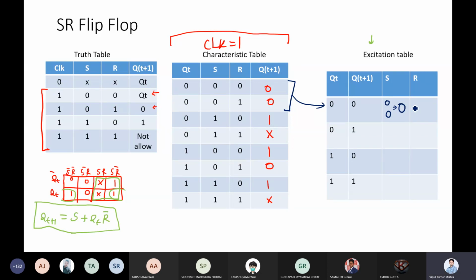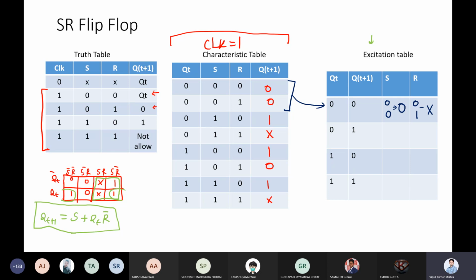Right? Now what about the R value? It's 0 and 1, meaning either it's 0 or it's 1. It doesn't make any difference. So in that case, you will say it's X, meaning it could be either 0 or 1.